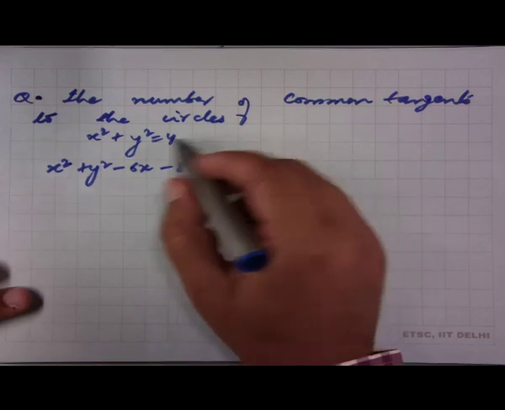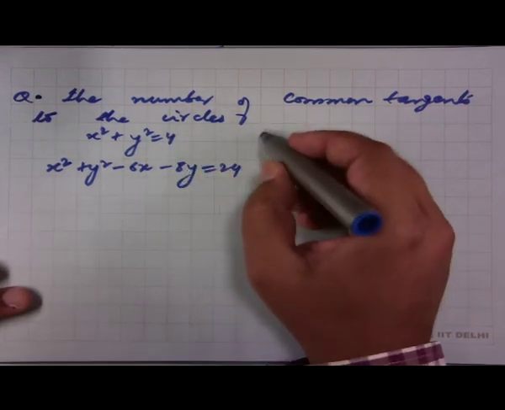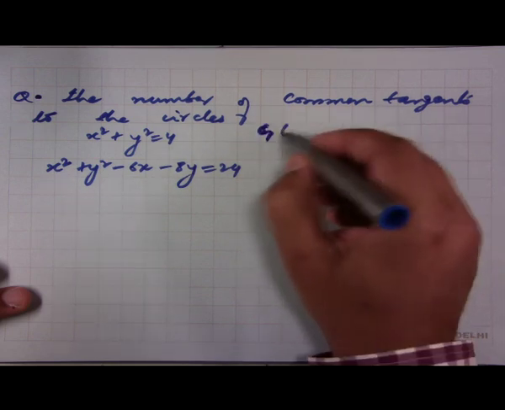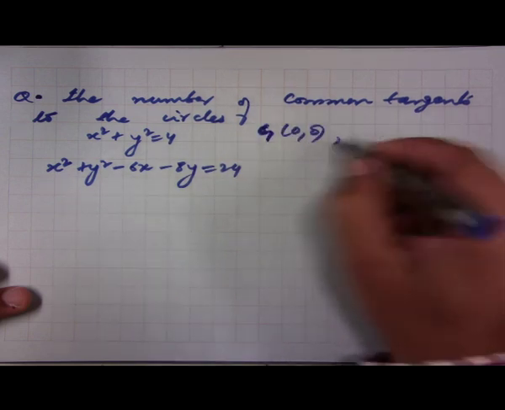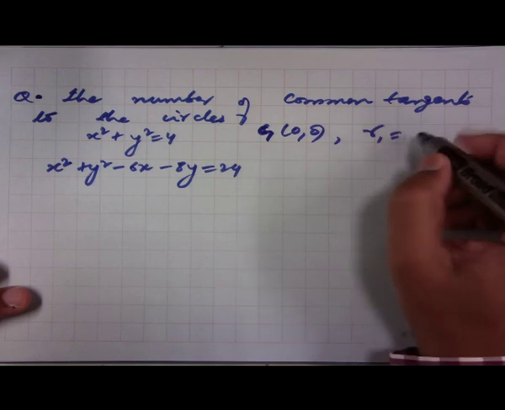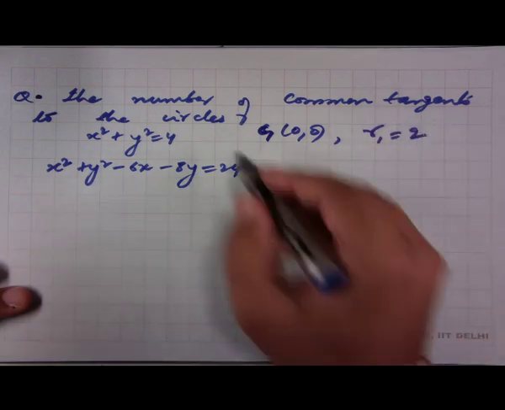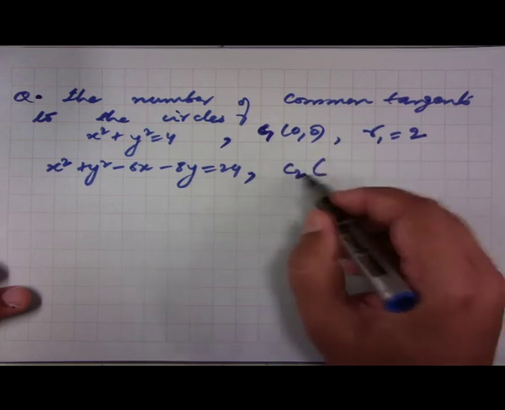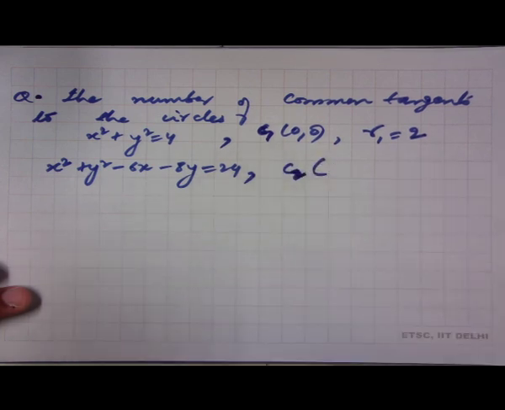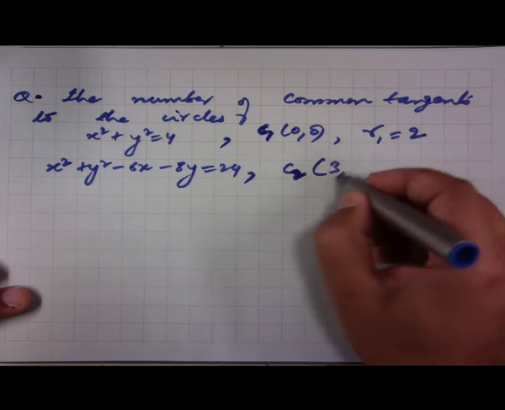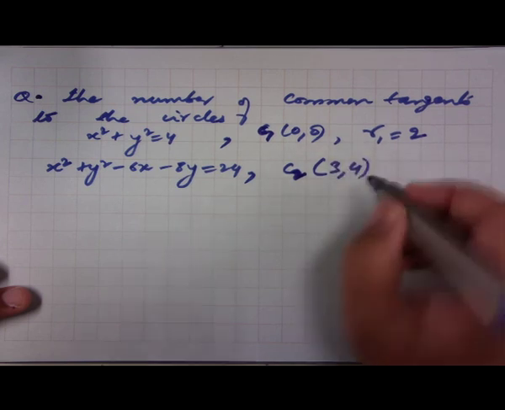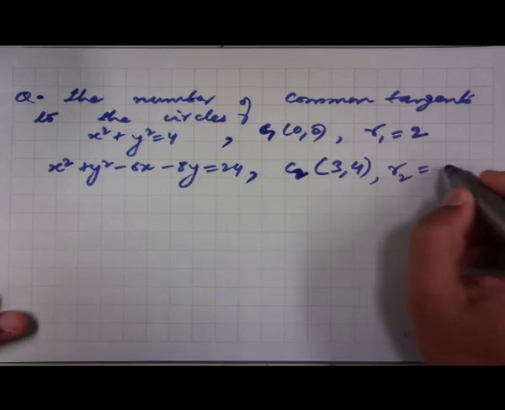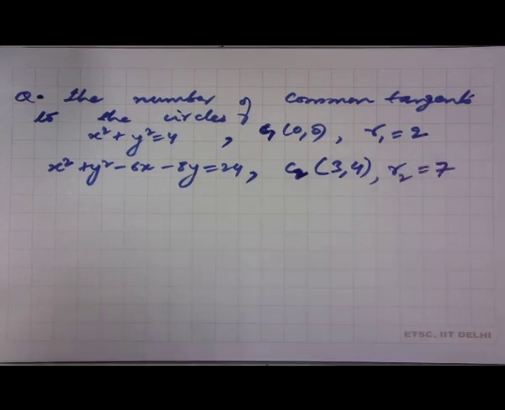So, this first circle has its center at the origin and radius 2 units. For the second circle, the center is at (3, 4) and the radius is 7 units.